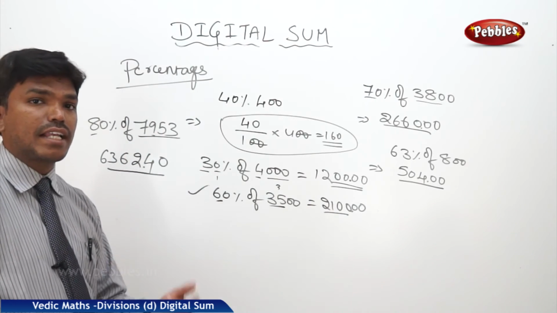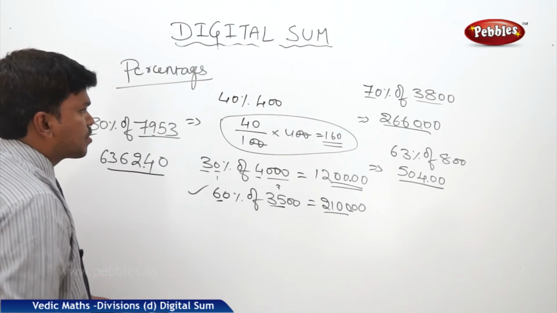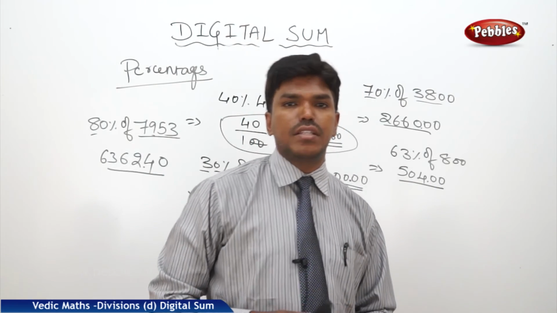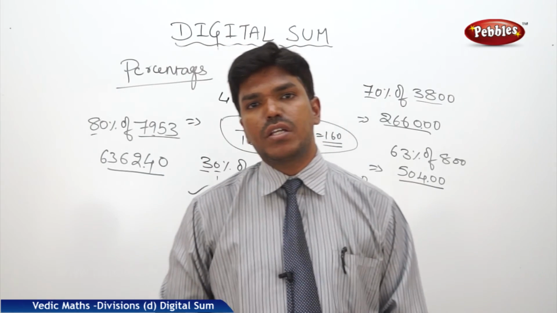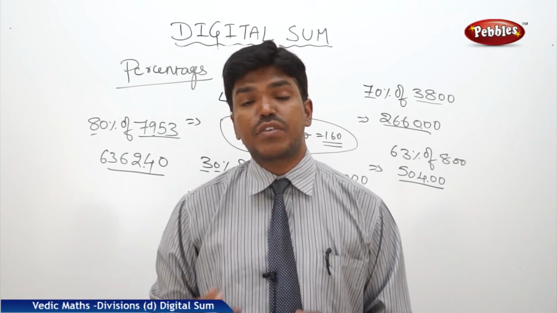Even like that, you can calculate in the mind. So what is your answer? 6362.4. Like this, even the calculations of percentages will become easy when you apply the shorter, faster techniques of Vedic maths.